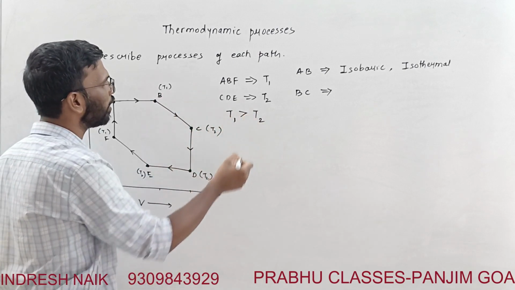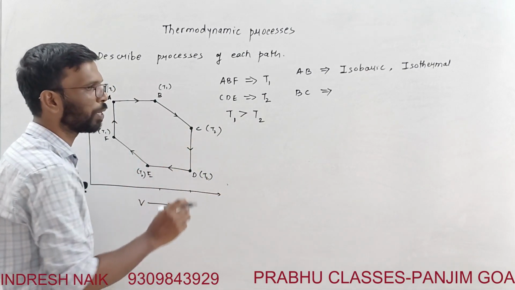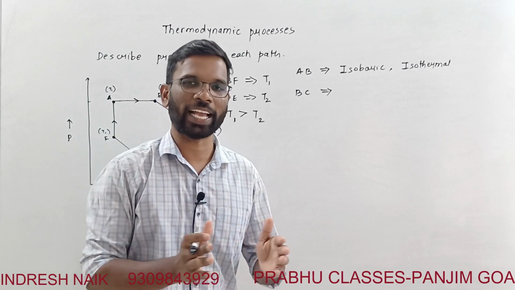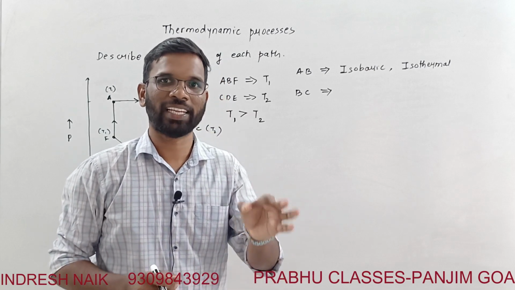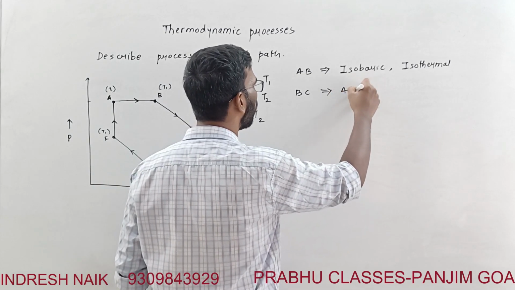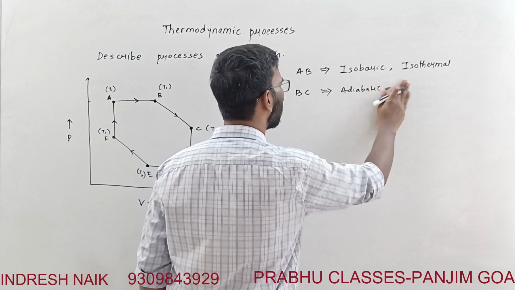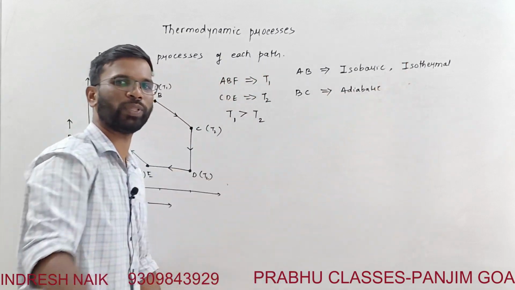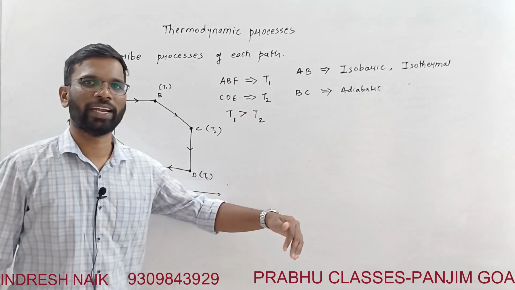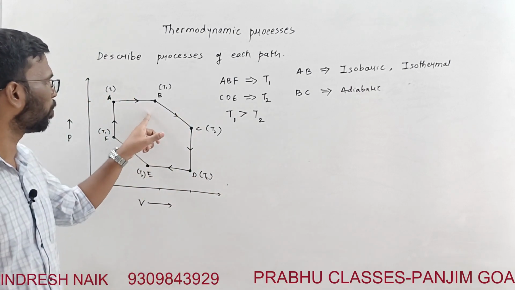T1 is greater and T2 is smaller. So from here to here there is an expansion. Which process is it where with expansion temperature falls? It is an adiabatic process, right? How to identify it: temperature decreases with expansion in an adiabatic process, and it increases with compression. So this is an adiabatic process from B to C.